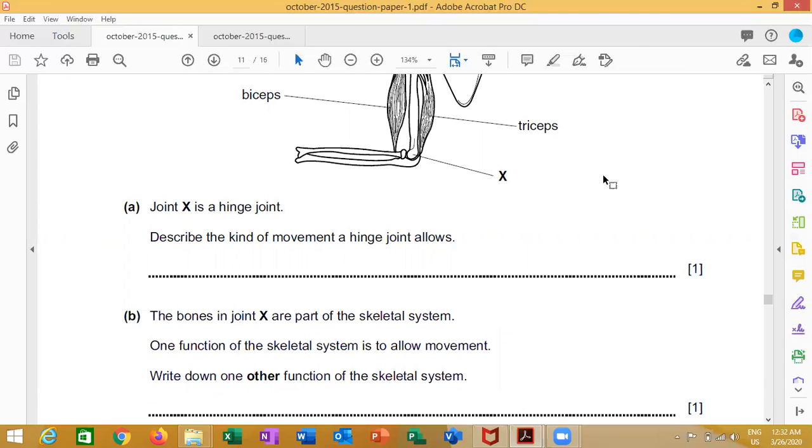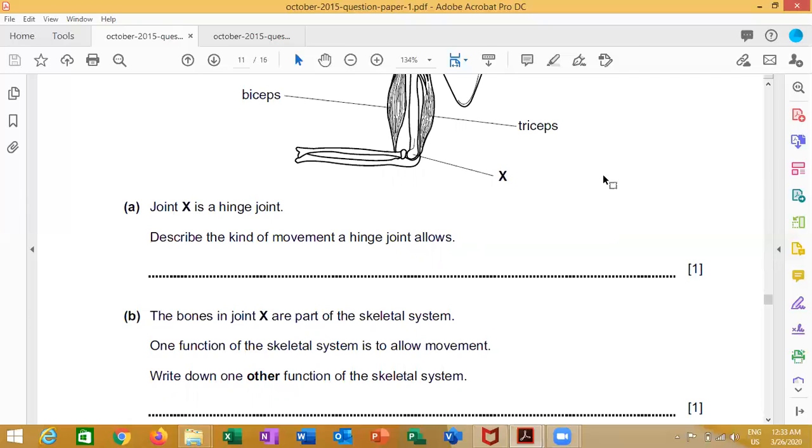Let's revise quickly the types of joints. Of course, as you know, we have two types of joints, movable joints and immovable joints. The movable joints are the joints that can move. Immovable joints are the joints that cannot move. The joints that cannot move, we call fixed joints, like the skull. The movable joints can move but in different directions.